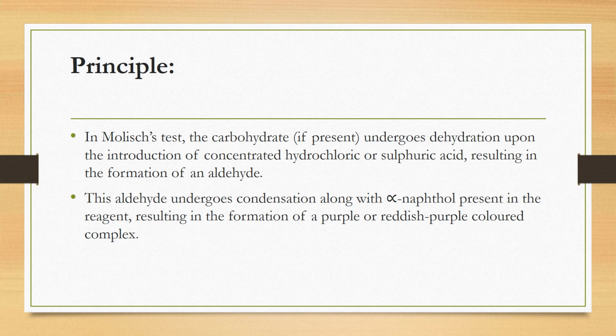In step 2 of the reaction, the aldehyde condenses with alpha naphthol. What is alpha naphthol? It is the reagent of Molisch. We said the Molisch reagent consists of alpha naphthol in ethanol, right?